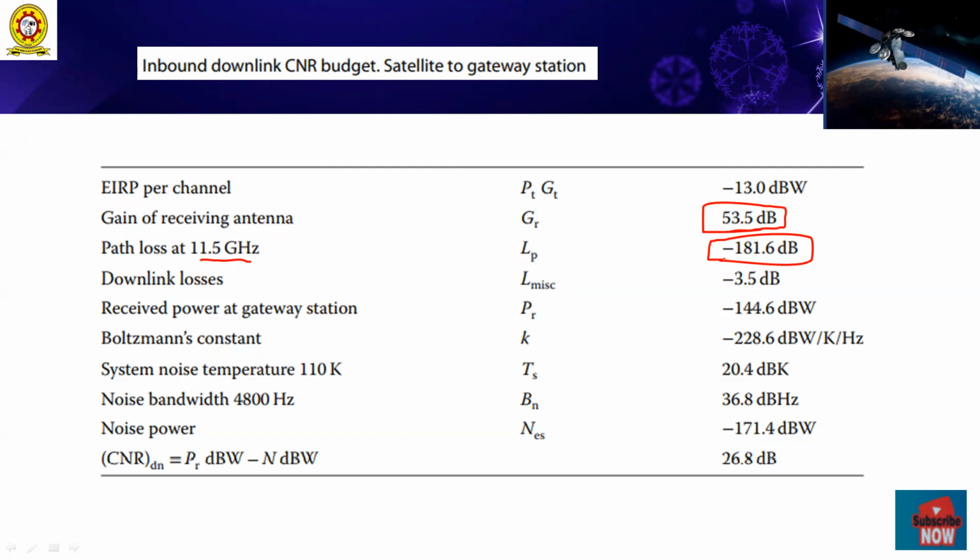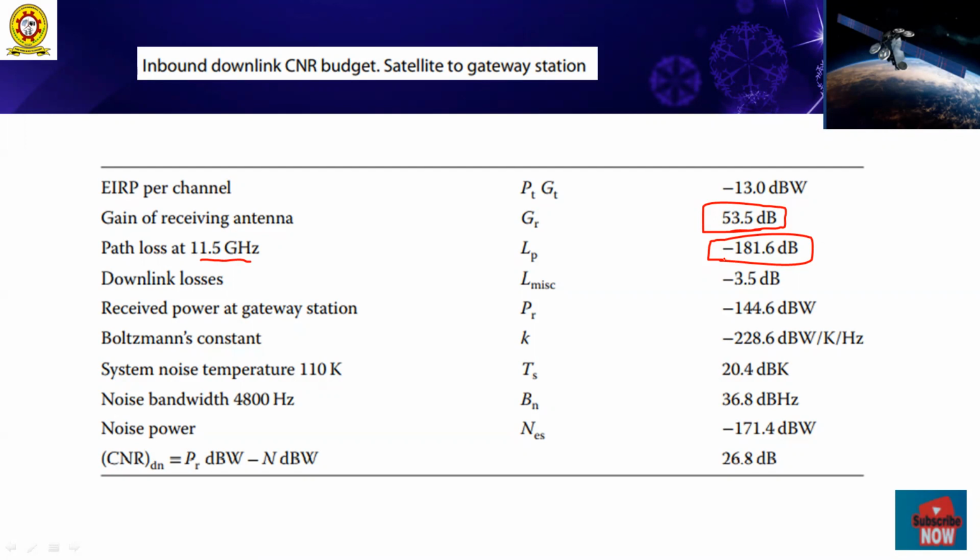From this, how do we evaluate C by N for the downlink? PR minus N, approximately minus 144.6 plus the noise, minus 170.